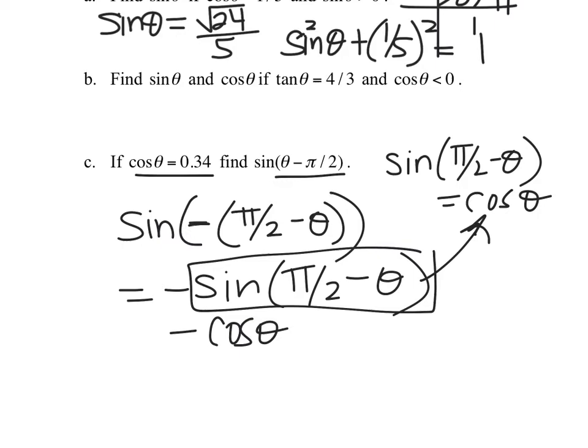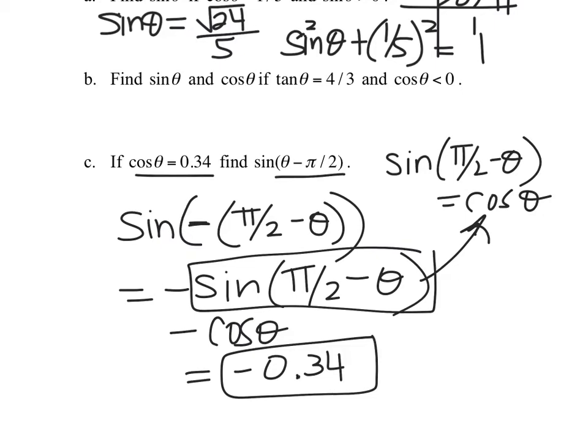My cofunction identity says that. And then if I want to find negative cosine, and cosine is 0.34, my answer would be negative 0.34. There you go. And that's the answer. So it equals negative cosine theta? Yep, it does.